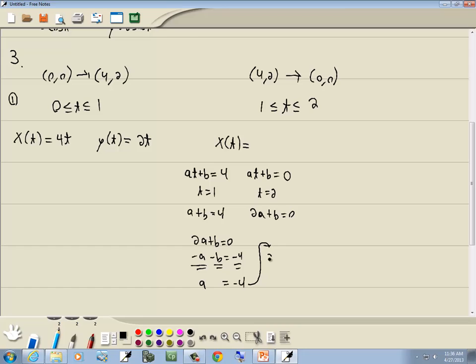Then we want to plug that back into one of our equations and find out what b is. So a we said was negative 4, plus b is equal to 4, so we get b is equal to 8. Now remember, our form is at plus b. So a was negative 4, so we have negative 4t plus b, which is 8. So 8 minus 4t.